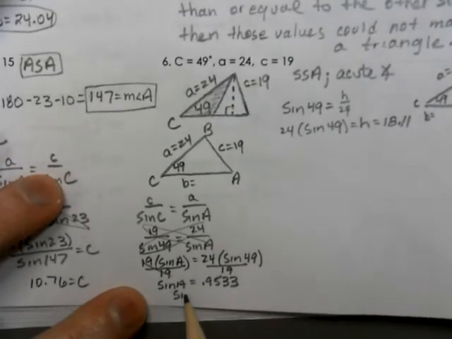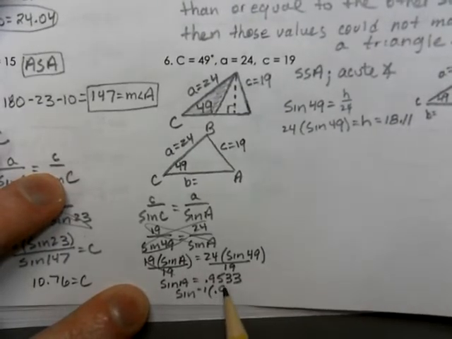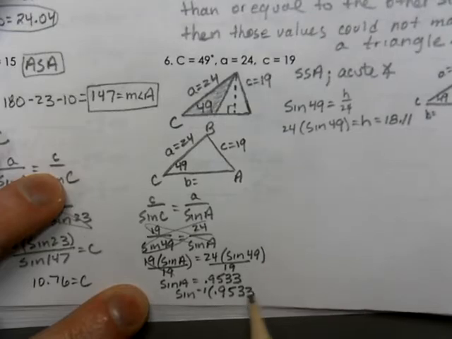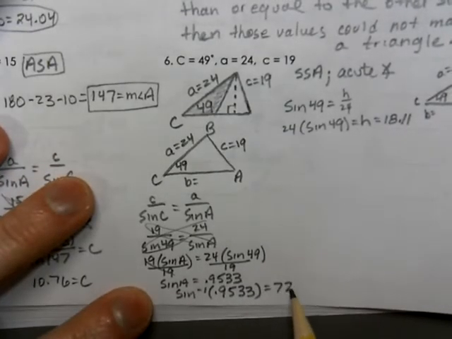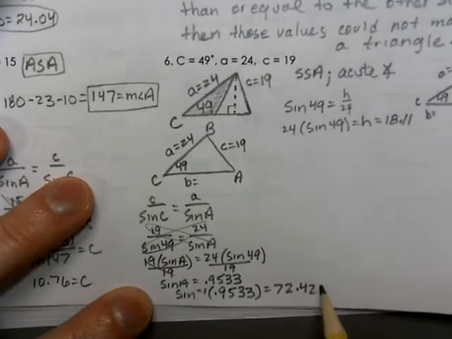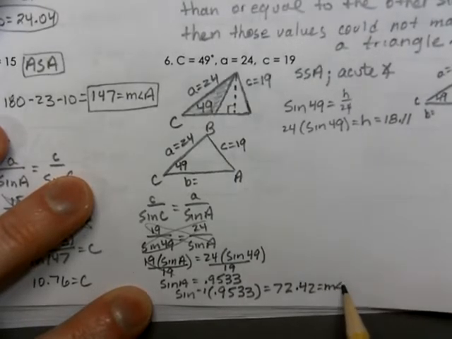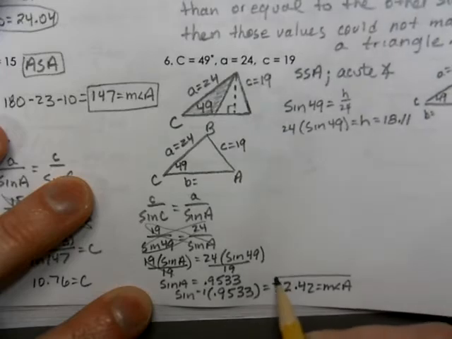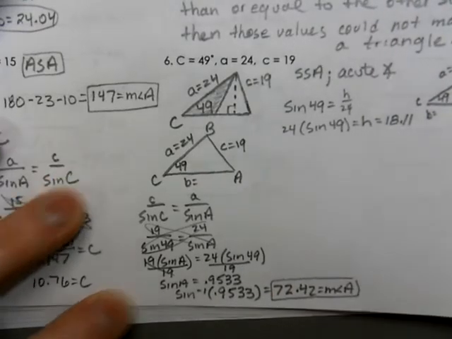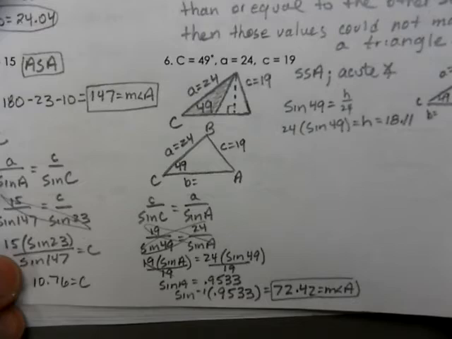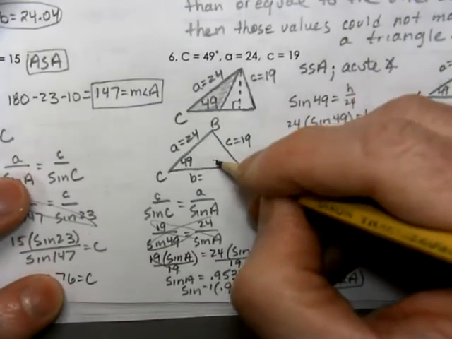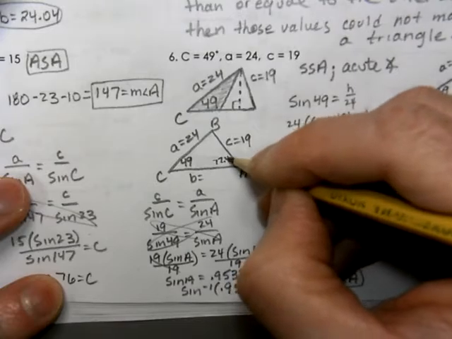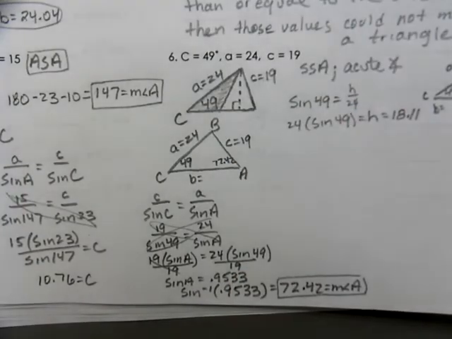So when we do sine inverse of 0.9533, we should get 72.42, which is the measurement of angle A.